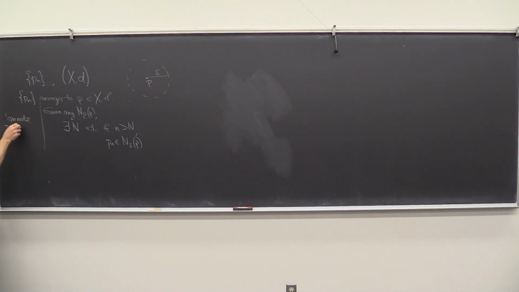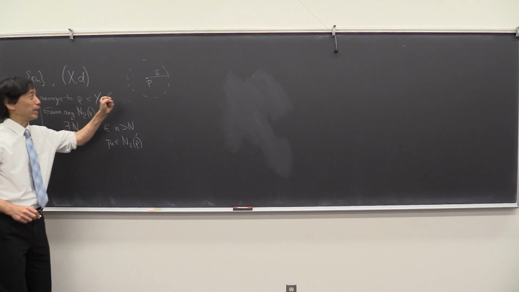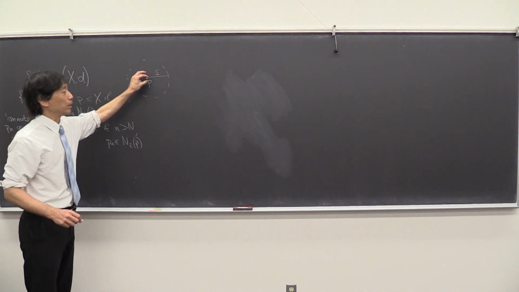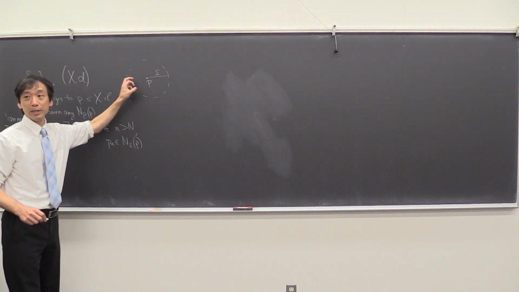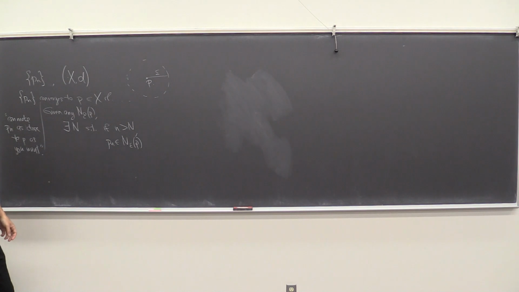So maybe one way you can say this is that you can make p_n as close to p as you want, in such a way that they're not going to leave that neighborhood. Okay.